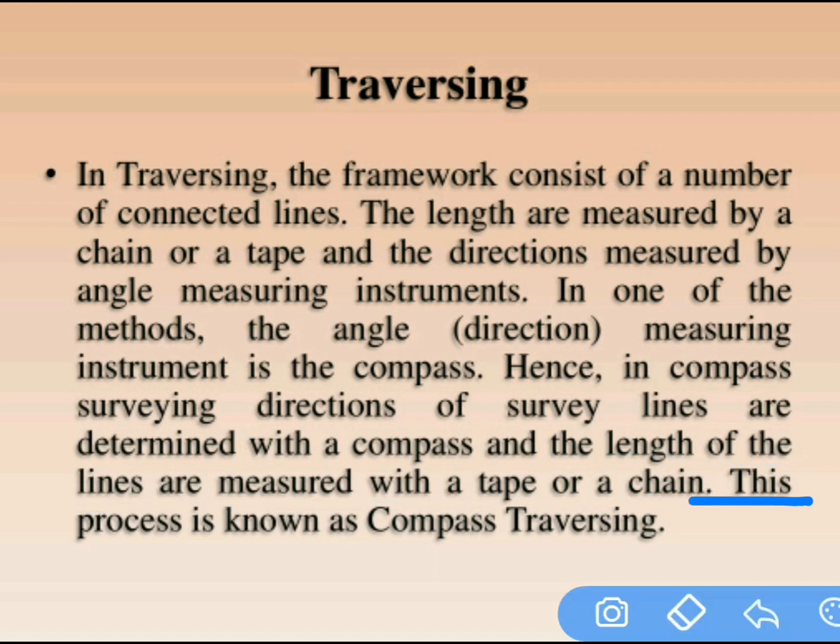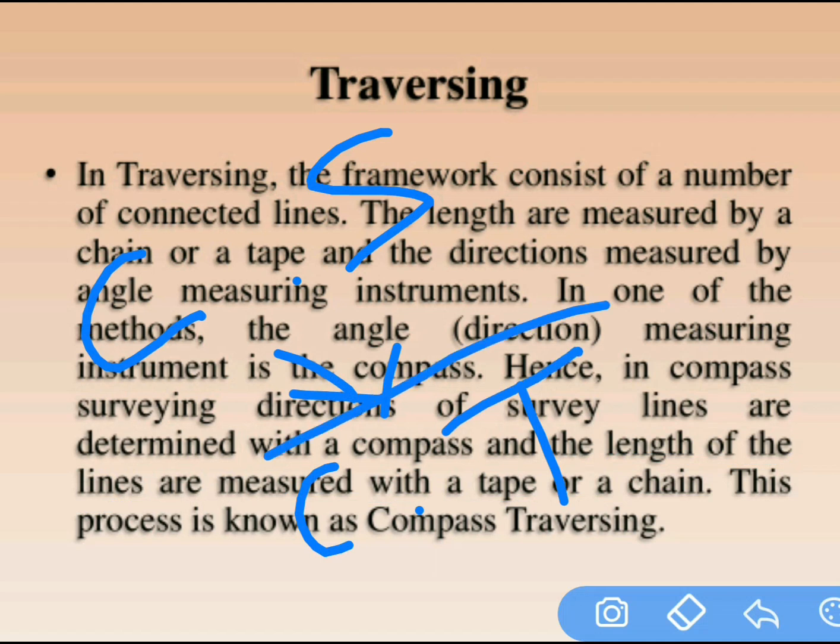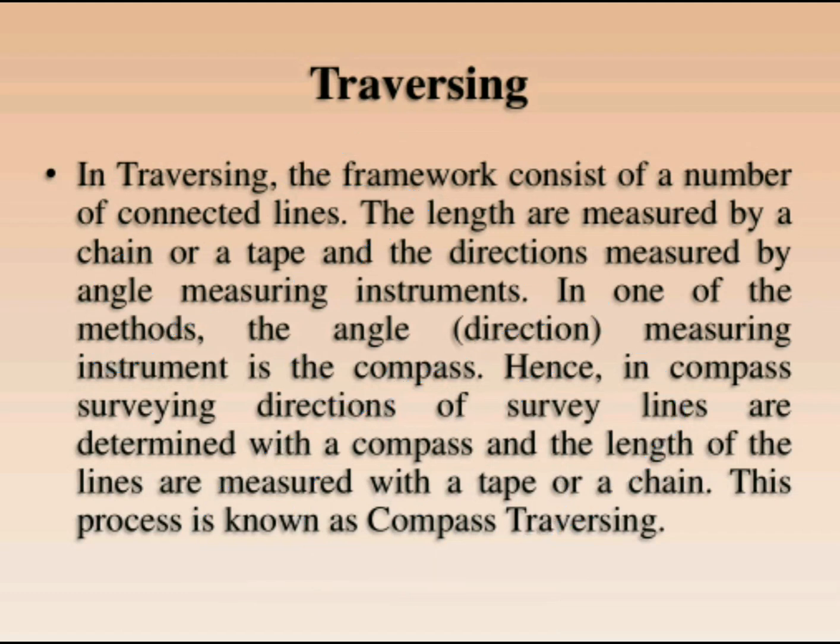This process is known as compass traversing. See here, compass surveying is also known as compass traversing. Why? Because we are using the compass with the traversing method. Then compass surveying is also known as compass traversing.